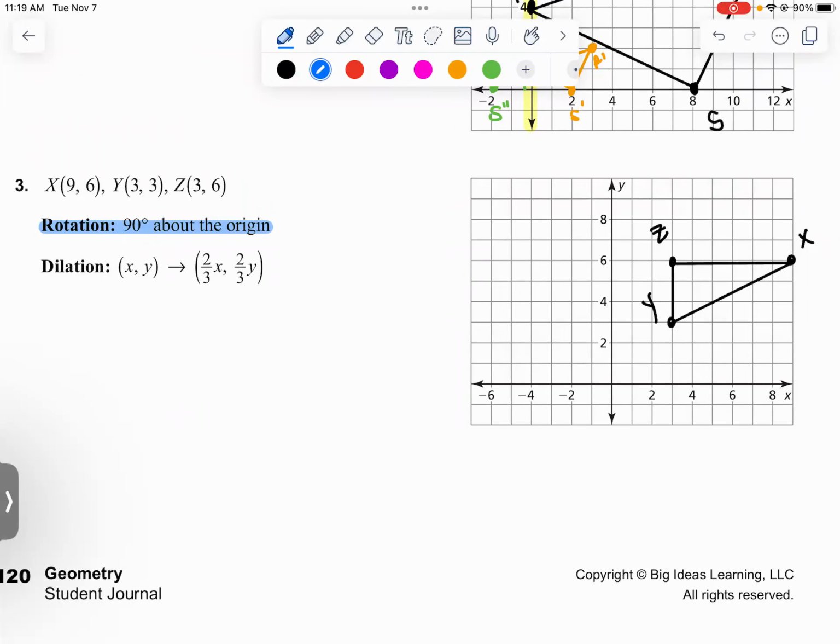Okay, so now we're going to go right 9, up 6. And we're going to go right 3 and up 3. Right 3 and up 6.